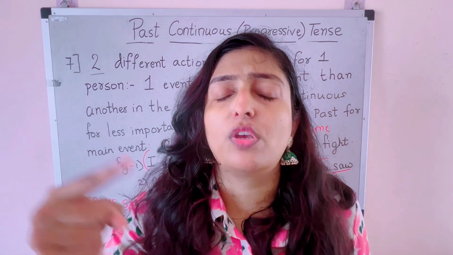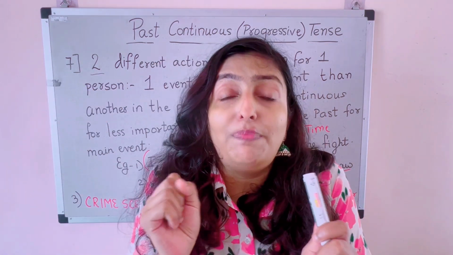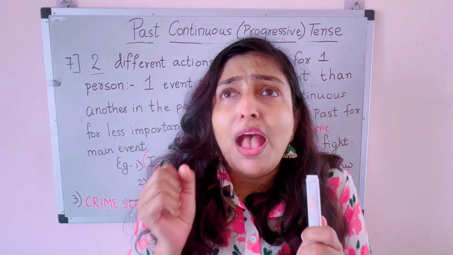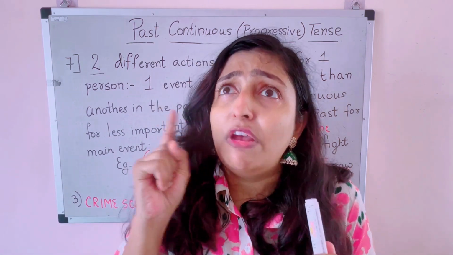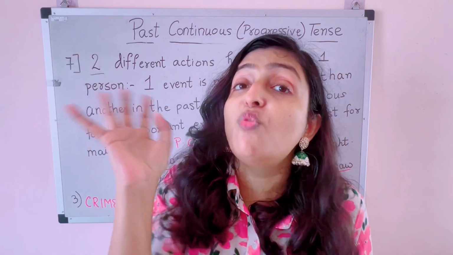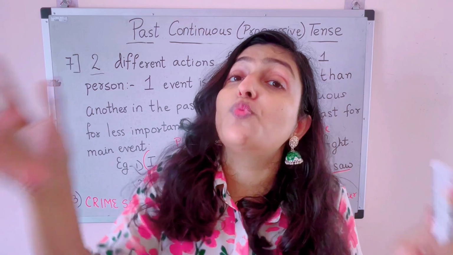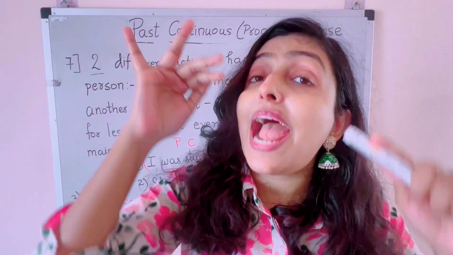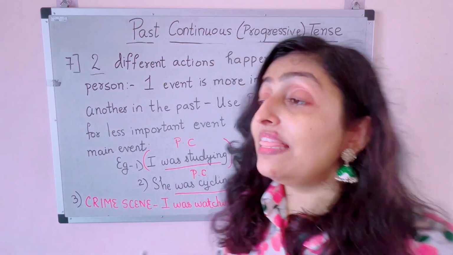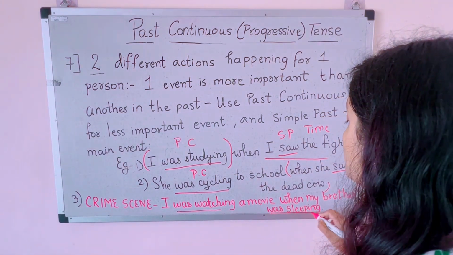The cop is questioning you and your brother, and you have become very scared and you say, I was watching a movie when my brother was sleeping. So the action was ongoing at that time. It was parallel. Both the actions were happening together at the same time, and that's why we use past continuous.